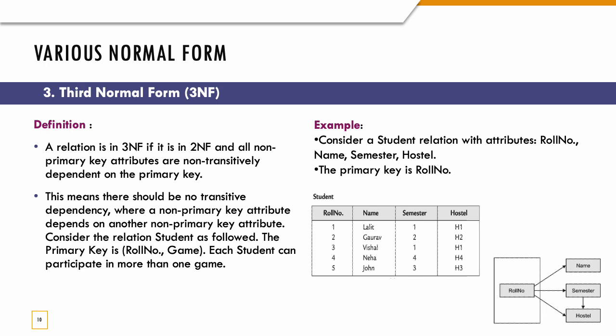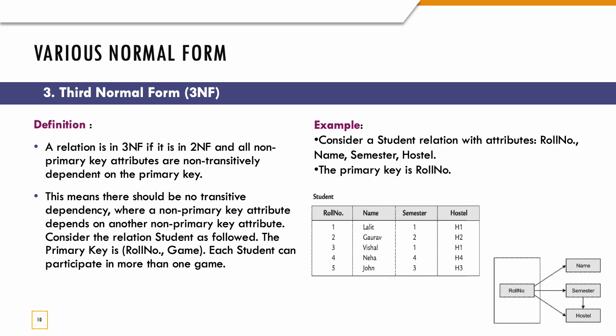A table or relation is in third normal form if the table is already in second normal form, which means there are no partial dependencies where non-primary key attributes depend on only part of a composite primary key.